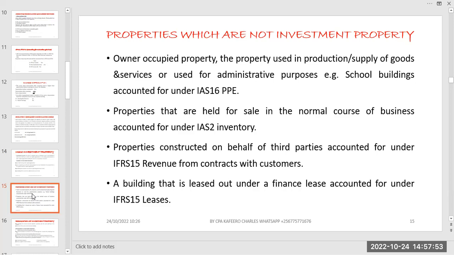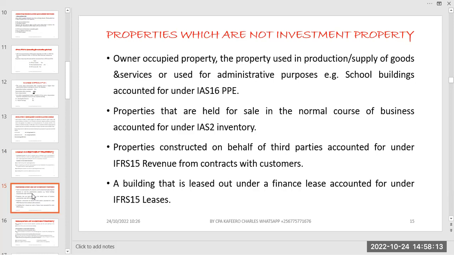It's like the school buildings, they are constructed, but it is the school which uses them. So they are PPE. So that's one of the items that don't fall under the category of investment property.